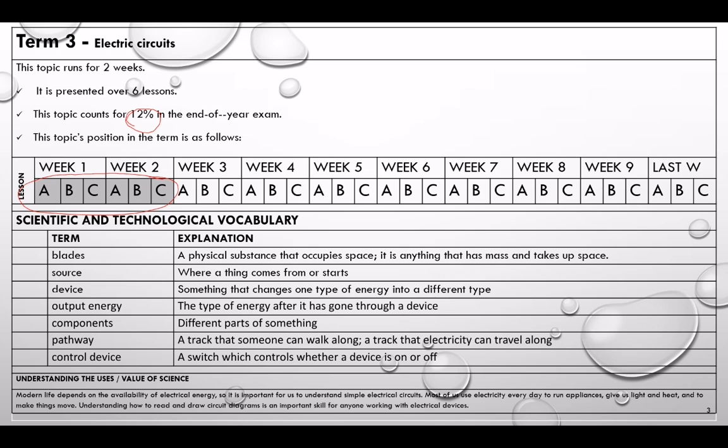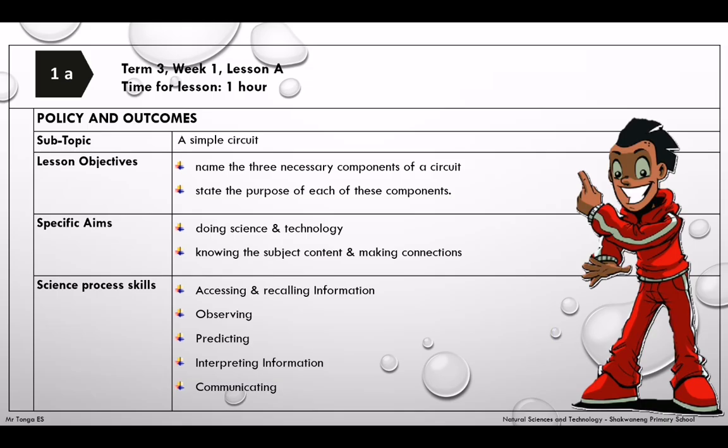The reason you need to do this topic is that modern life depends on electrical energy. So we need to understand what we mean by simple electric circuits as they apply in our everyday appliances and the things that we use on a day-to-day basis.